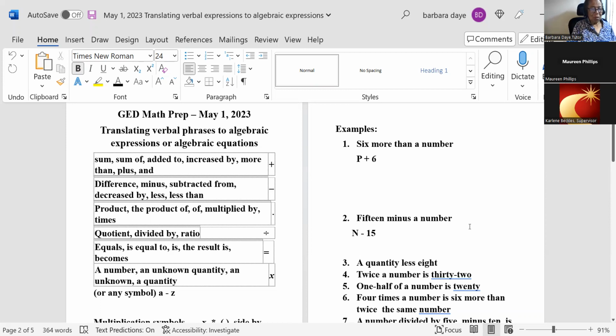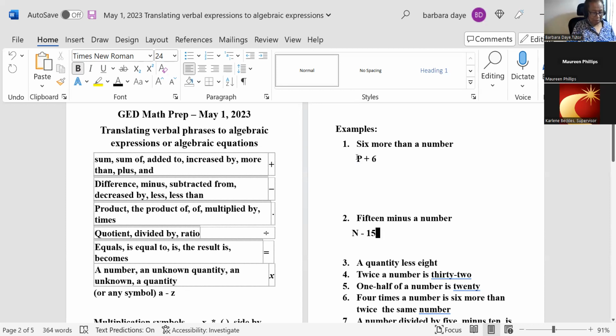It's usually like six more than a number. I figured you should have put your six first and then the number after, but you put your number first. Well, it says six more than a number. That means six is added to the number. See, the other way is saying what? P more than a number, more than six.